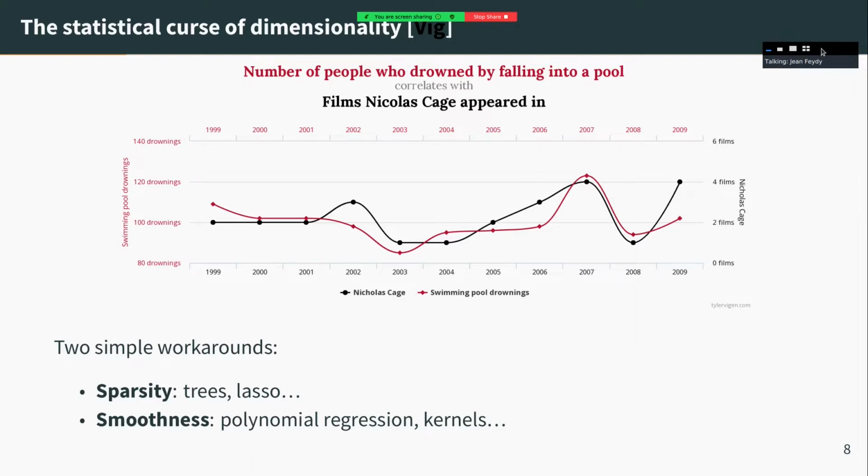That's a typical example: I have one variable of interest, like who on earth is drowning by falling into a pool, and then I have a massive data set with as many columns as there are random factoids on the internet. And then just by random chance, someone was able to find these near perfect correlations.